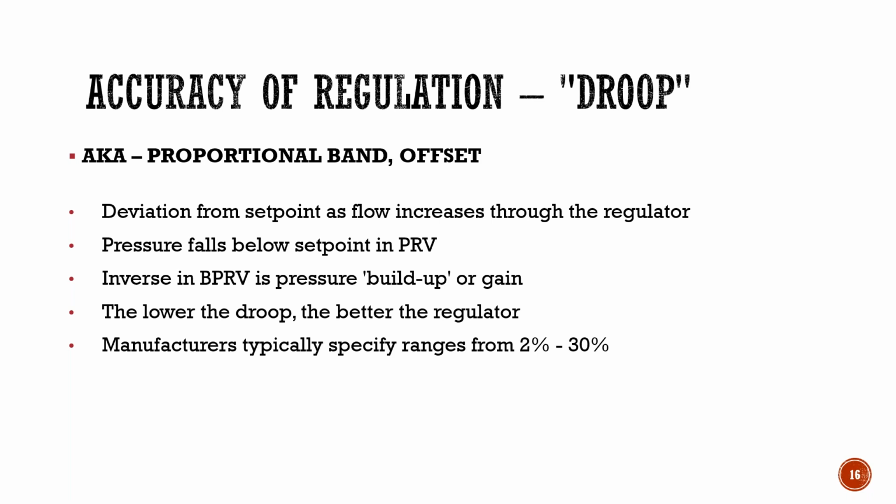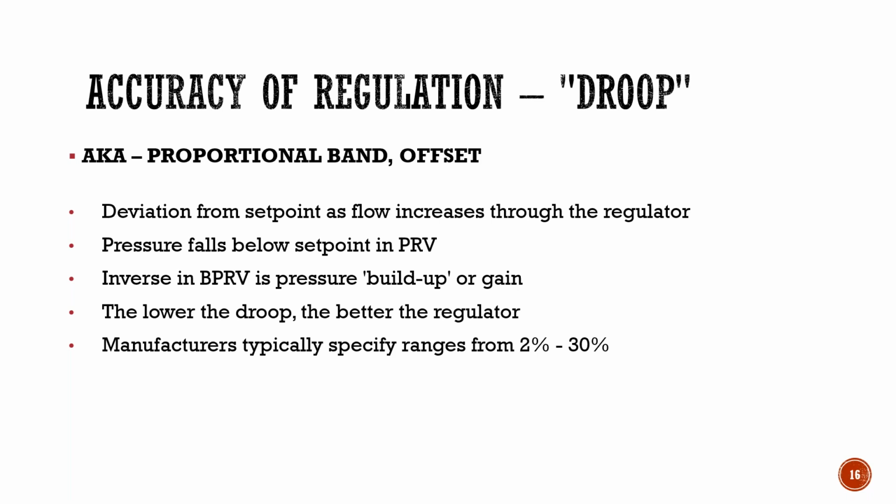And manufacturers will typically specify ranges from 2% to 30%. You say, my, that's a big range. Well, the reason that we talk 2% to 30% is there are different types of regulators. The least accurate and the least expensive are self-operated regulators.